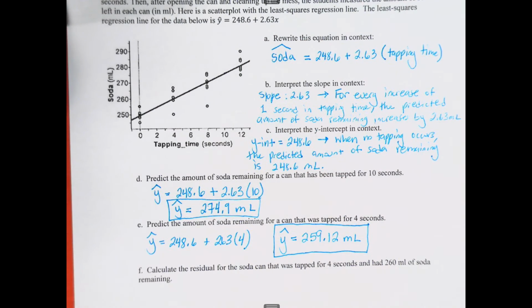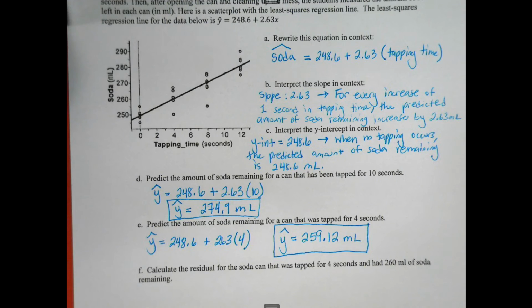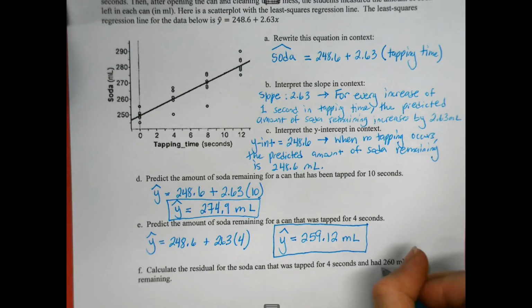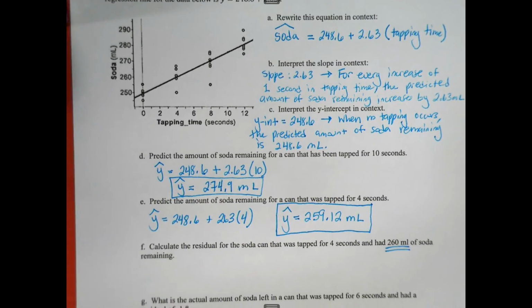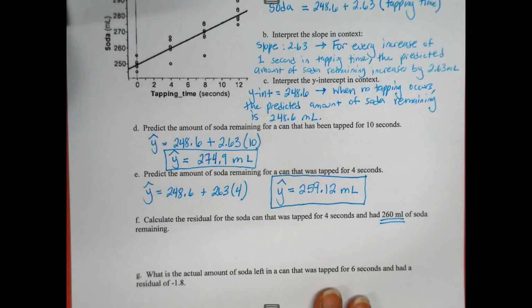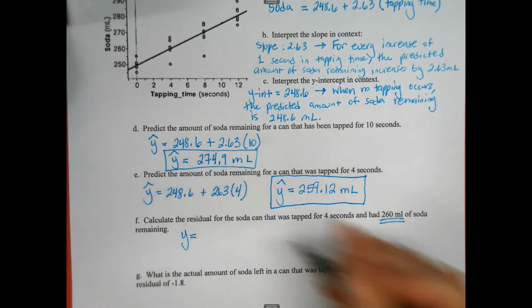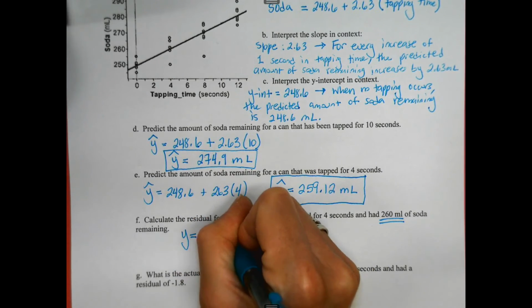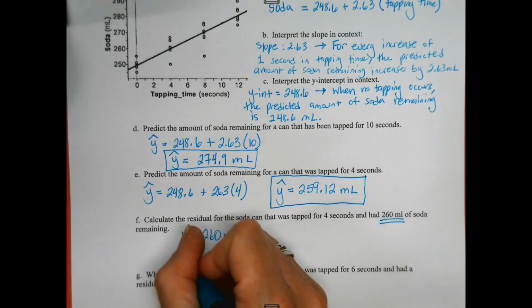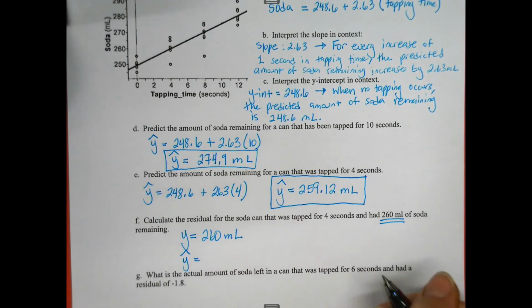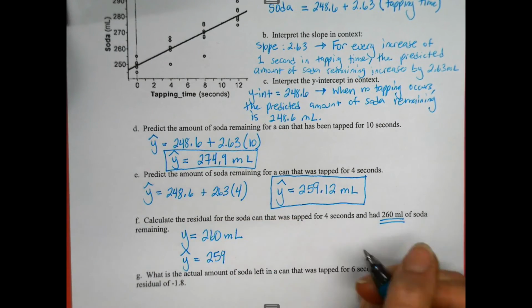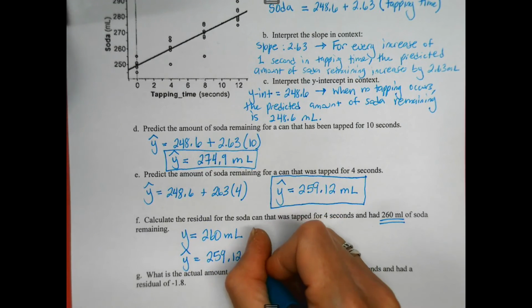About 260 milliliters. Part F says to calculate the residual for the soda can that was tapped for 4 seconds and had 260 milliliters of soda remaining. Our actual value is 260 milliliters. And from the previous problem, our predicted value is 259.12 milliliters.